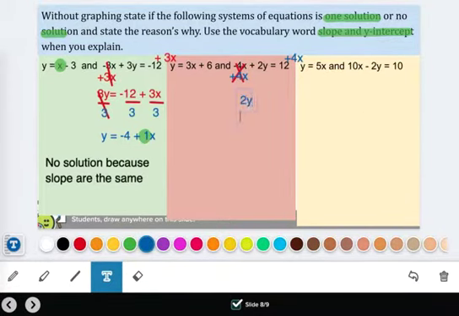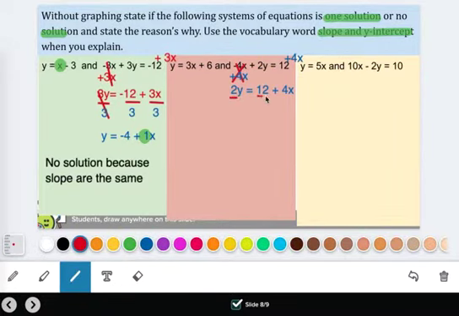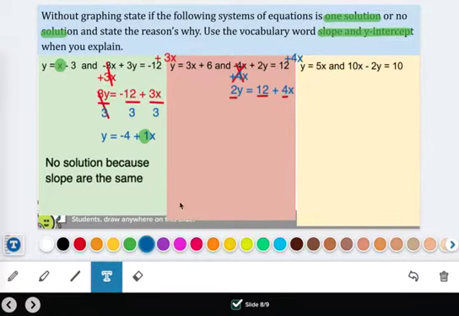Notice that 2y equals 12 plus the 4x. None of them are the same to make 0 because of the plus sign right there. And then you divide all of them by 2. Divide by the number next to y because we want y to be by itself. So divide by that 2.